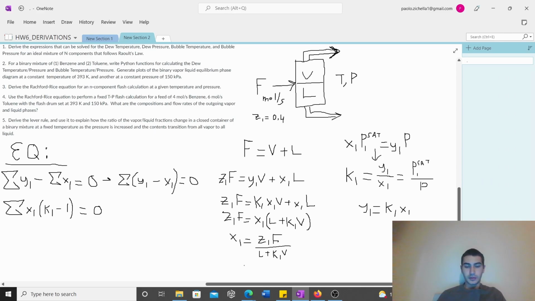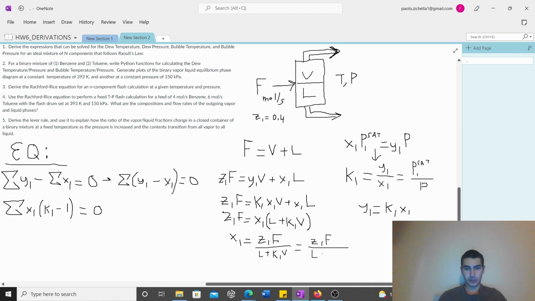Now what we can do from here is replace this L with the mass balance equation that we had earlier. We can rewrite this as L is equal to F minus V. What is going out in the liquid phase must be equal to the feed minus the vapor phase. Common sense. So we rewrite that: zi multiplied by F, the fraction of benzene multiplied by the feed.